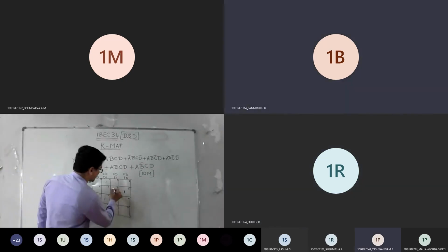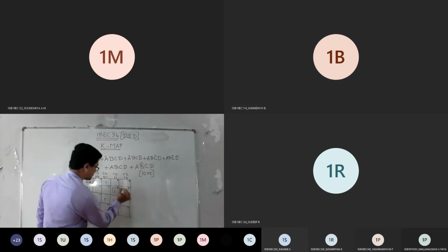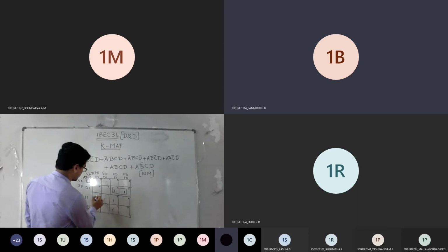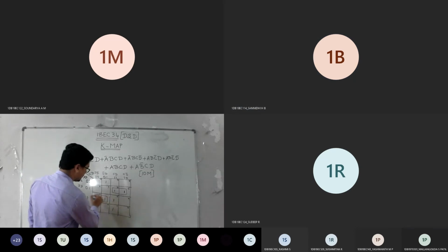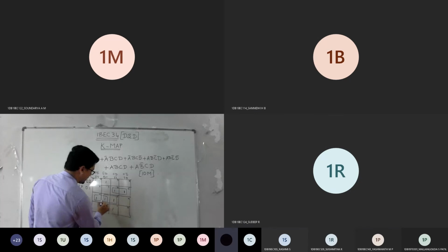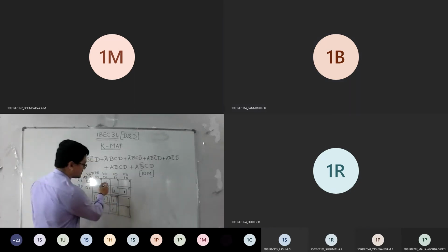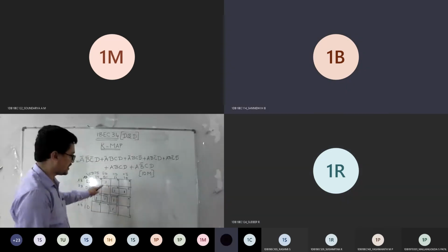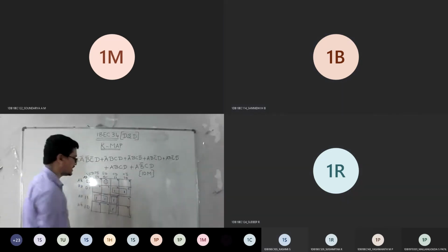Can I pair 6 and 7? 6 and 7 is one pair. Then 12 and 13 one pair, 15 and 7 one pair, and 11 and 15 one pair. What about this one? This is individual.